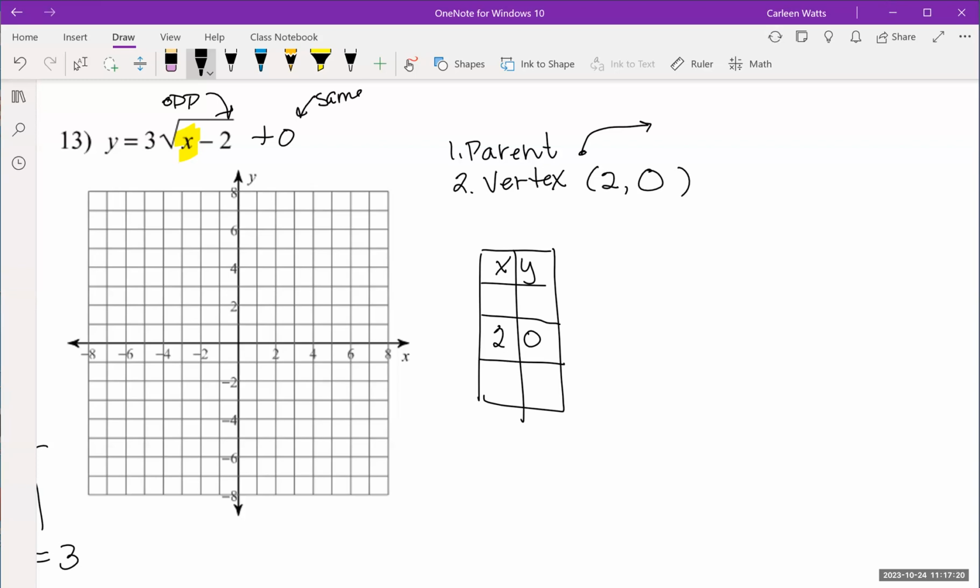Notice the vertex. Are there any points to the left of the vertex of the square root? I wonder. Okay, let's plug it in. So 2, 0 is the vertex. 1 to the left would be 1, 1 to the right would be 3. So let's plug it in. Y is equal to 3 times the square root of 1 minus 2, which is 3 times the square root of -1.